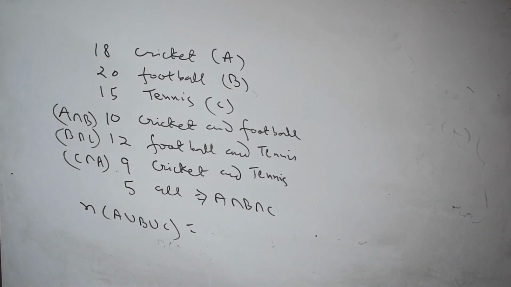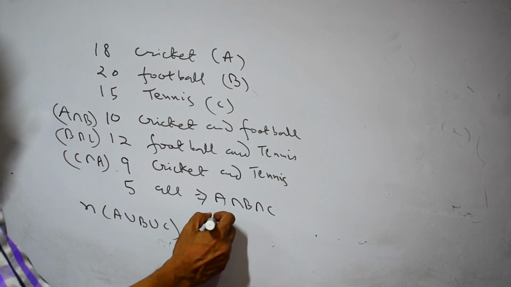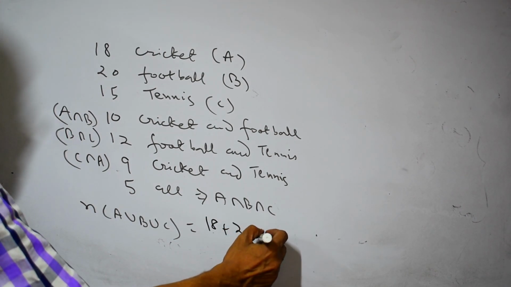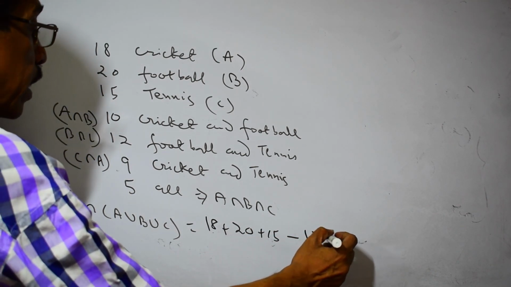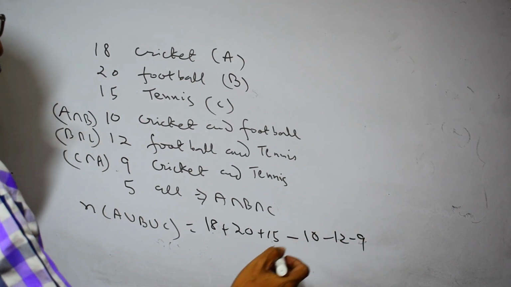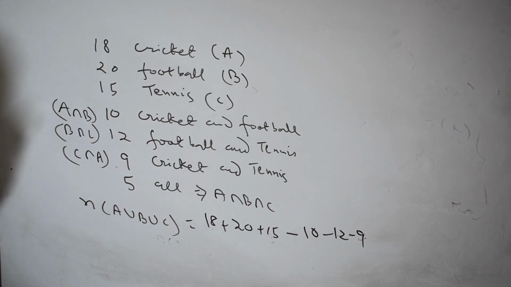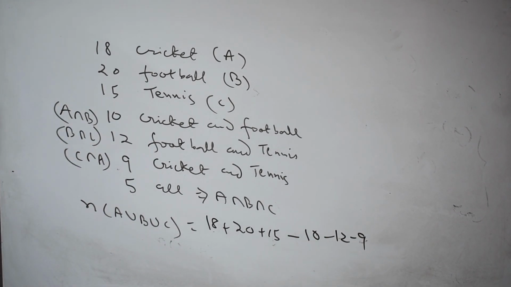Total A is 18, B is 20, C is 15. That means it is 53 if you add, then subtracting 10, 12 and 9, because these are the common portions, which comes to 31.